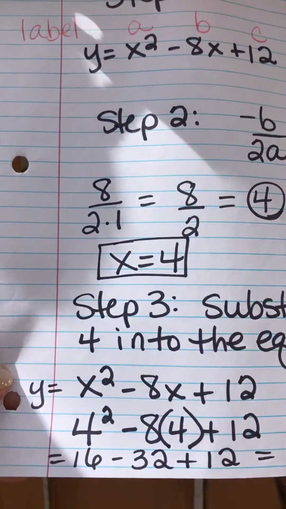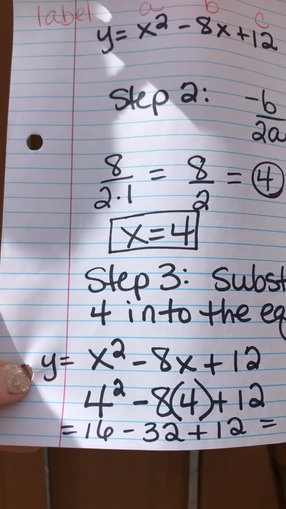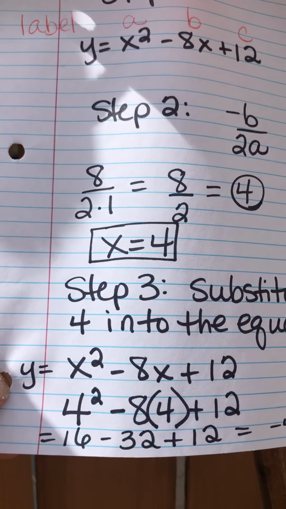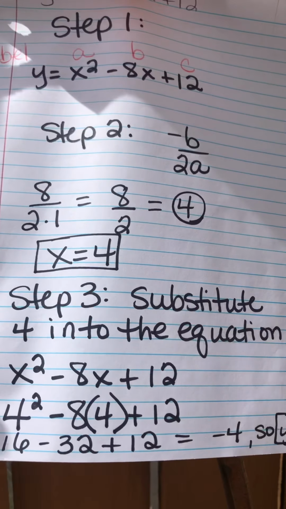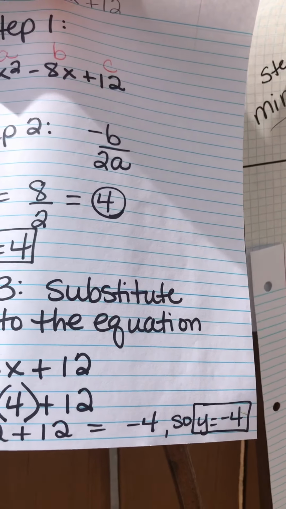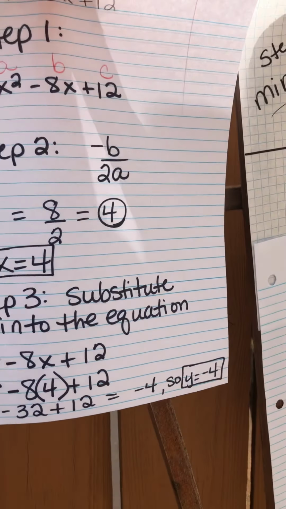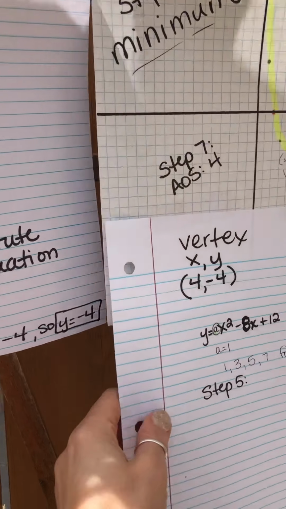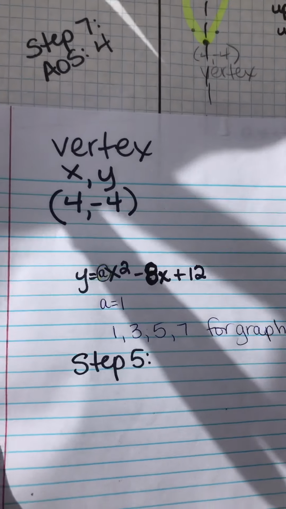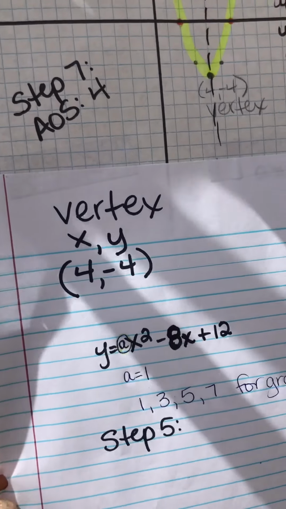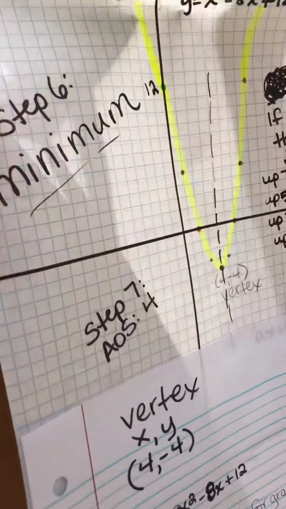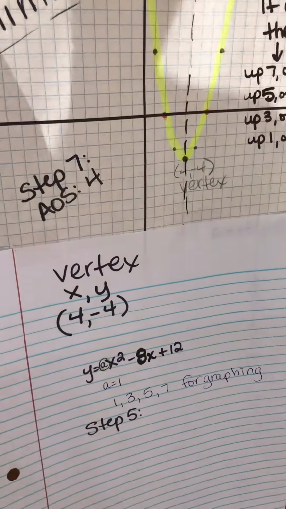So what does that equal? 4 times 4 is 16, minus 32 plus 12 equals negative 4. So y equals negative 4. Now you have your vertex, which is (4, -4), right here. So that is step 4, your vertex.